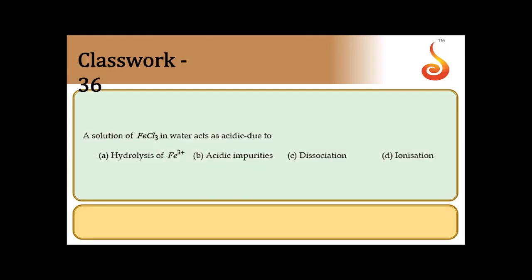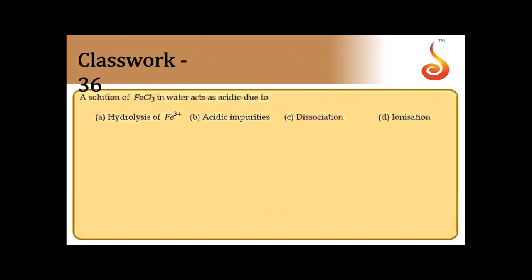Then 36th one. A solution of FeCl3 in water is acidic in nature. It is because it is a salt of strong acid and weak base, acidic in nature. So here Fe plus 3 ion undergoes hydrolysis. If you take FeCl3 dissolved in water, it undergoes ionization. It forms Fe plus 3 and 3 Cl minus ions.